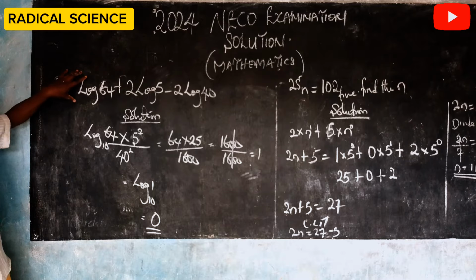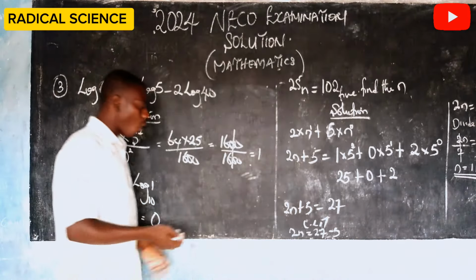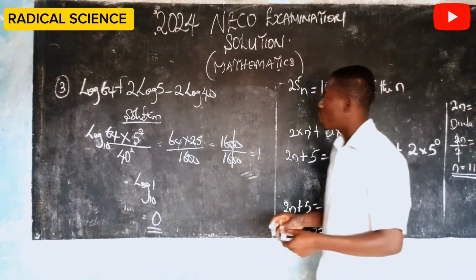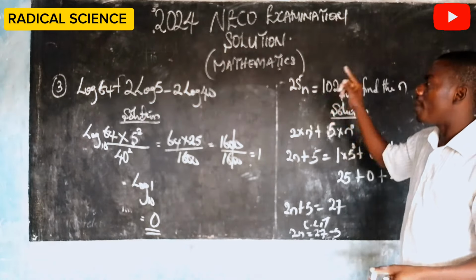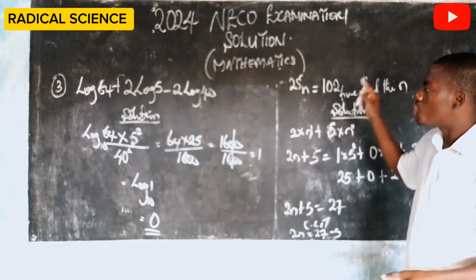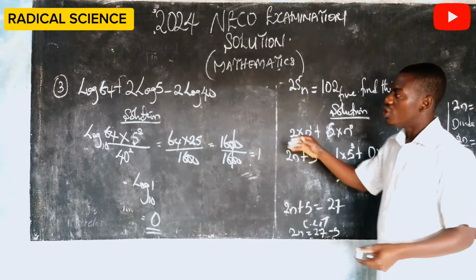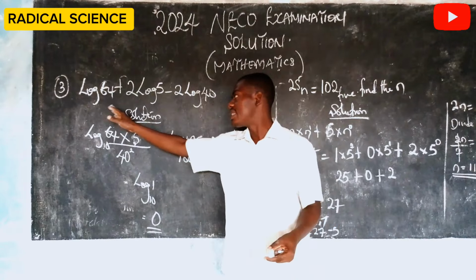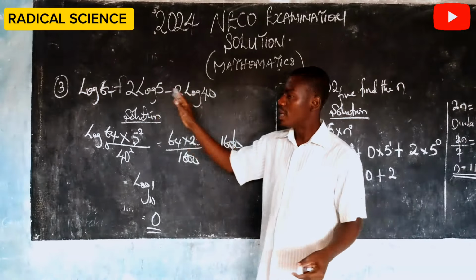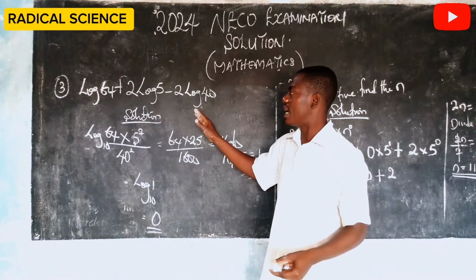I said log 64 plus 2 log 5 minus 2 log 40. As I said before, this is base 10, though they didn't write base 10, but it is in base 10.